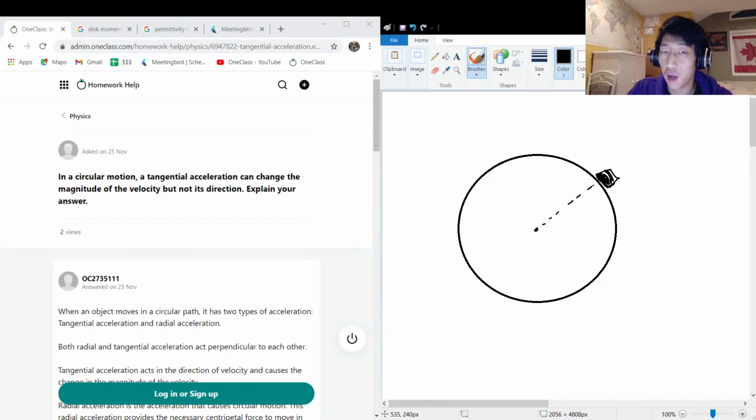In circular motion, there are two types of acceleration. There's the acceleration inwards, AC, centripetal acceleration, like a flower petal.